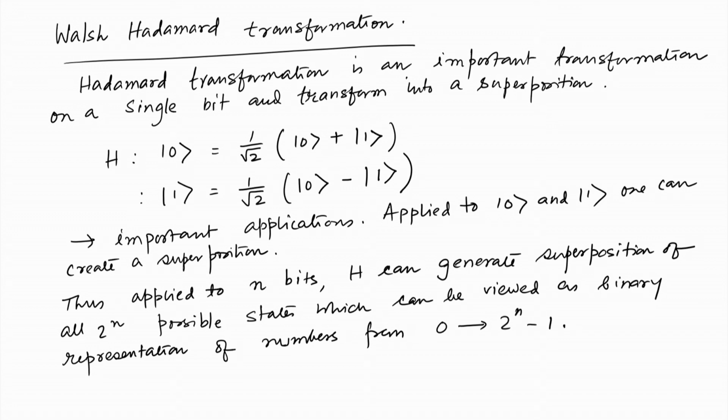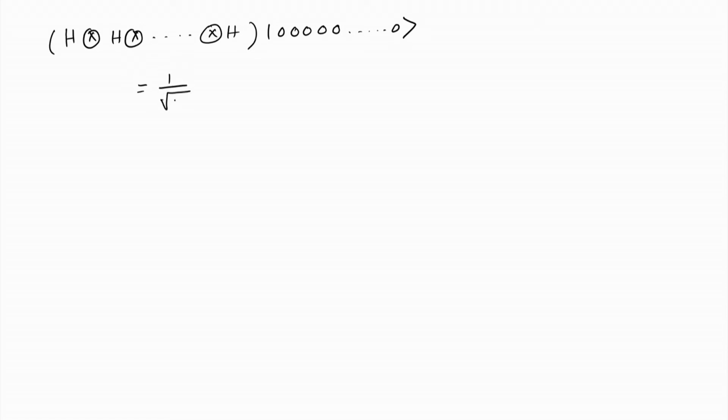So, what this really means is the following: this Hadamard transformation being applied successively to this n bit system will create a 1 by root 2 to the power n, and each one will create, as we know, 0 plus 1, then a tensor product of 0 plus 1 and so on, and then 0 plus 1.